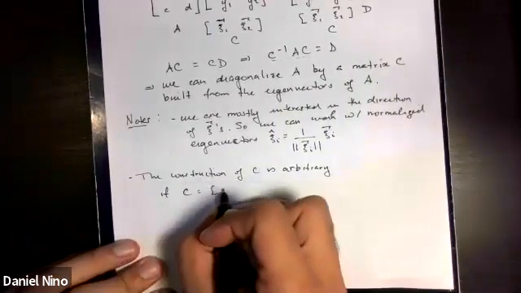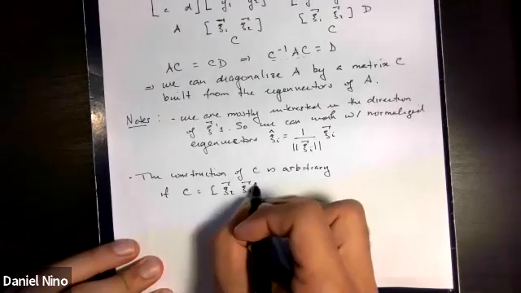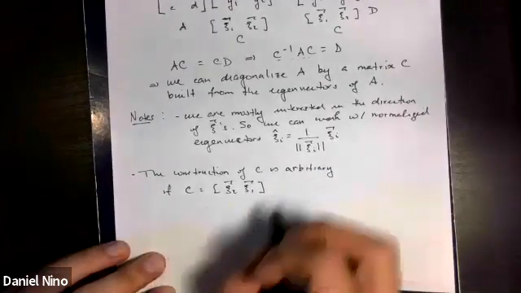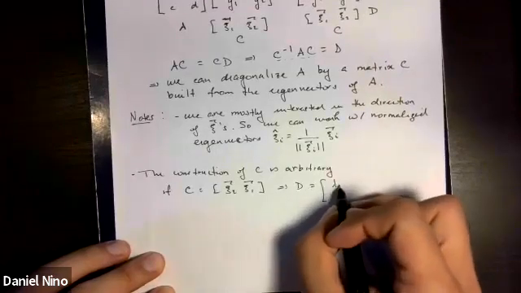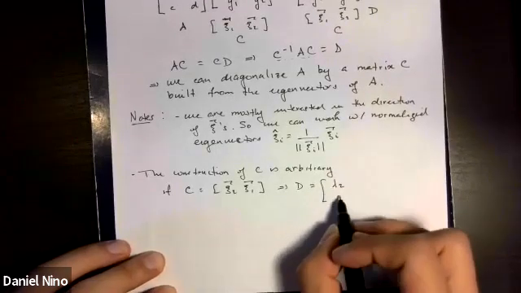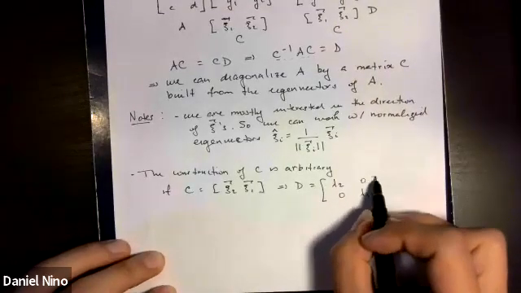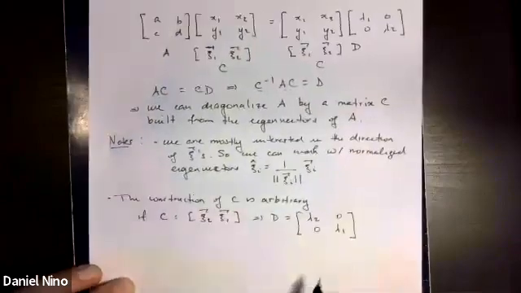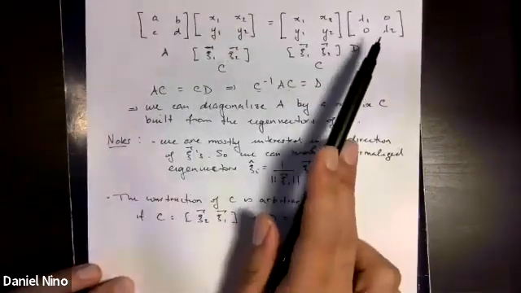If we had instead taken C to be this matrix, then the only change to D is that it would have the second eigenvalue up here and the first eigenvalue down there, in comparison to this one over here.